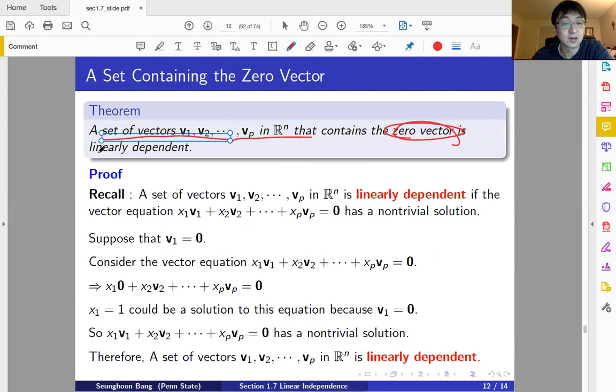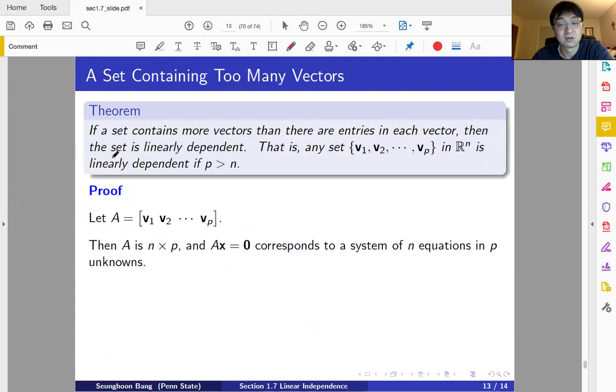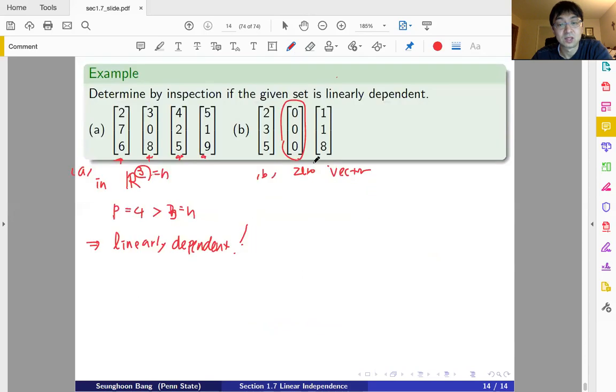What's the answer? Always linearly dependent. The zero vector is there, so automatically this one is linearly dependent. So this is the whole idea for solving these kinds of problems.